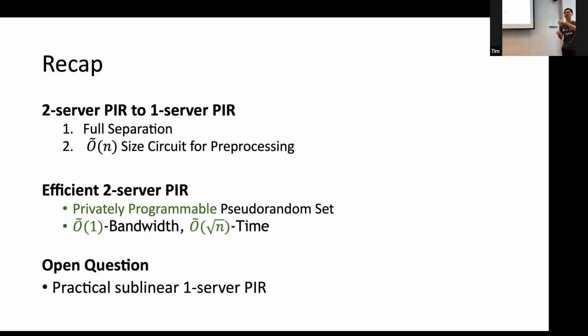We are stacking two very heavy crypto objects together, so it's very difficult to implement and its real world performance will not be great. So the open question is, can we really design a practical sublinear one-server PIR? In theory, in our paper, we say yes, you can have very good asymptotic behavior, but we still don't know whether we can make it practical. All right, that's all about my talk. Thank you, everybody.